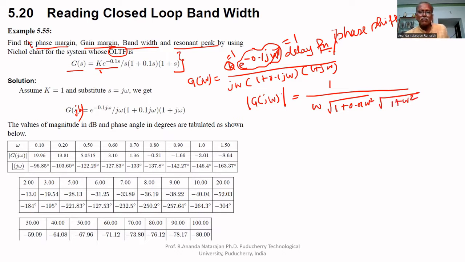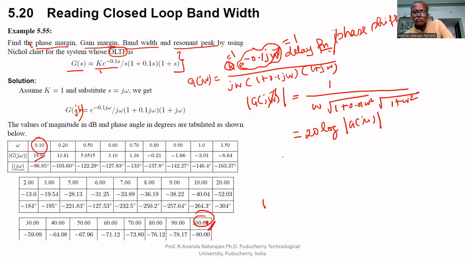If you vary omega, you will get different values that are tabulated here. From omega equal to 0.1 to 100, it is plotted here. For 0.1, the magnitude is 19.96 dB. For 100, it is minus 80 dB. It is in dB scale. To convert this into dB scale, we have to find 20 log modulus of G(j omega).